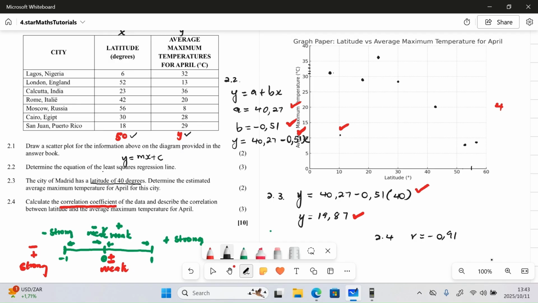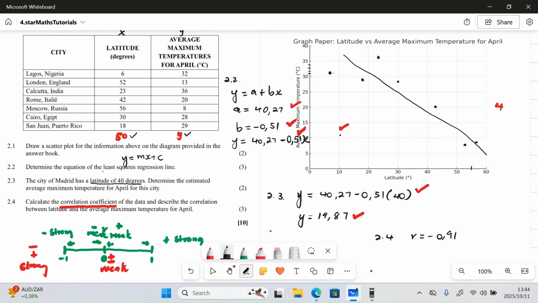If we check, our value of R is negative, so that is going to be a negative relationship. A negative relationship means that when one is increasing, the other is going to decrease. It's inversely proportional. If I try to draw a line of best fit here, we are going to have a downhill line. I'm just giving an example.